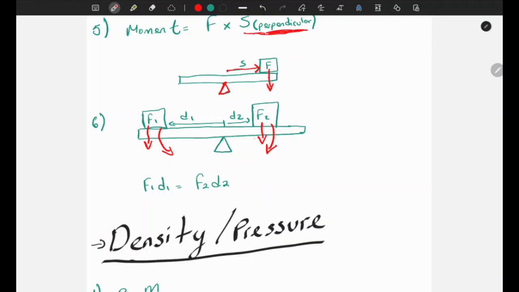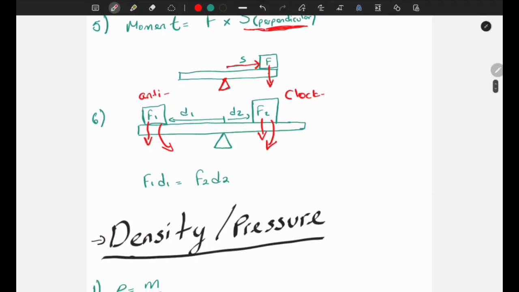But if this object is in equilibrium, that means the anti-clockwise moment is equal to the clockwise moment. So d2 F2 is equal to d1 F1. This is the anti-clockwise and this is the clockwise. These two are equal, so their moments are also equal, but in different directions.